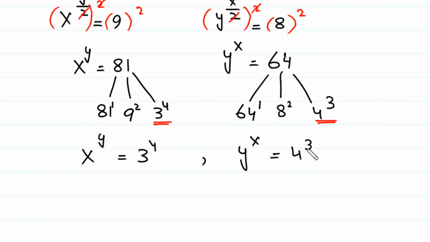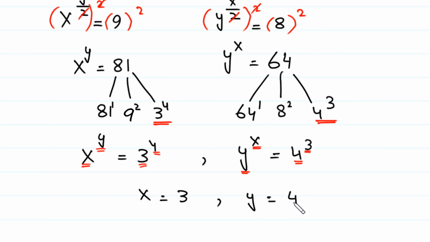From these equations you can see that here base is x, here base is 3, and here power is y and here power is 4, and here base is y and base is 4. So we conclude that x is equal to 3 and y is equal to 4.